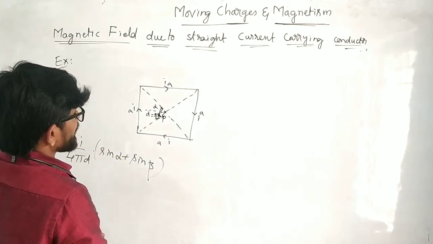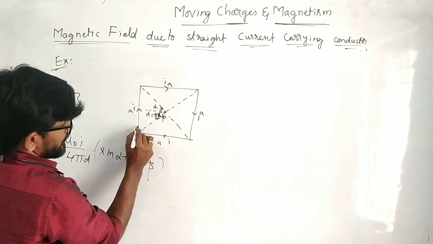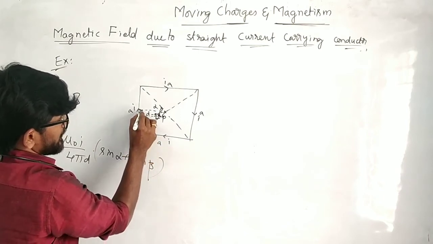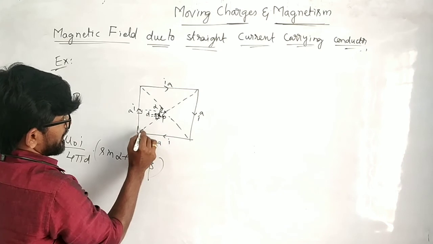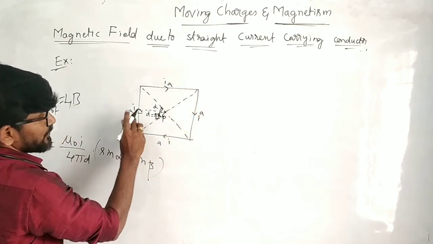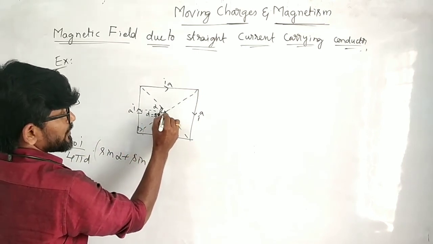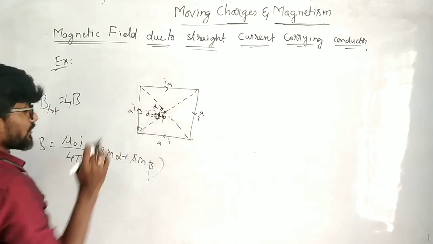If you observe here, it is a right angle triangle, right? So the angle between these two lines is 90. If you draw a diagonal, the total angle is 180, so this will be 45 and this also 45. So alpha and beta both will be 45 in this case.